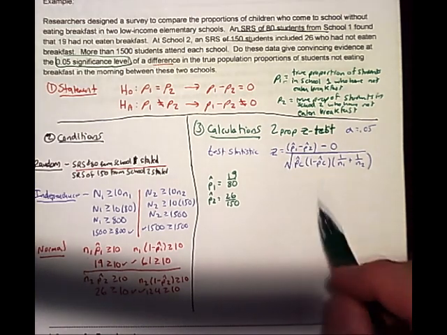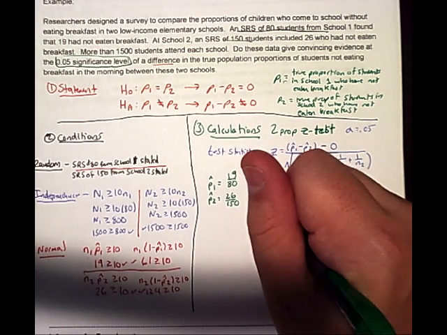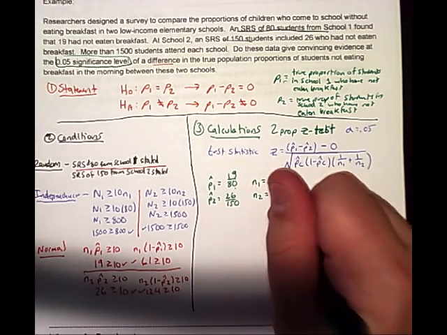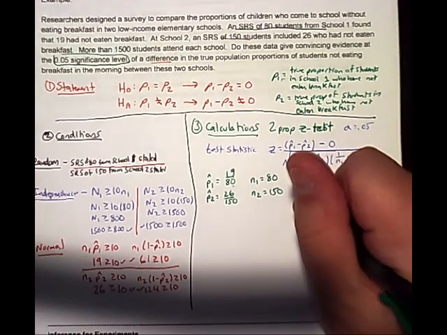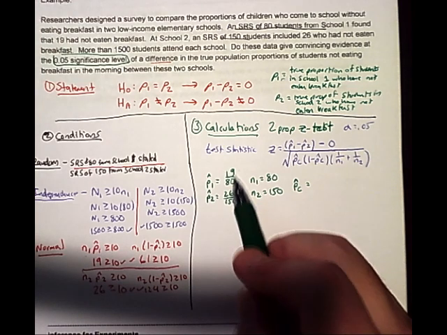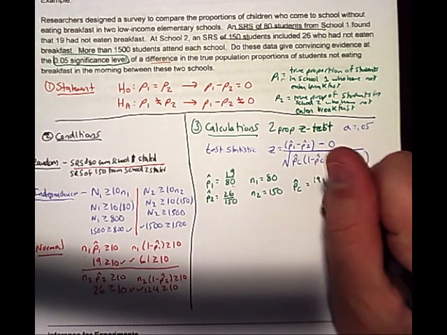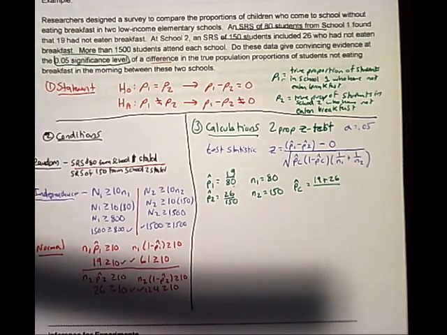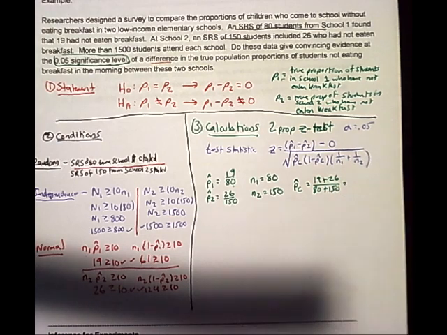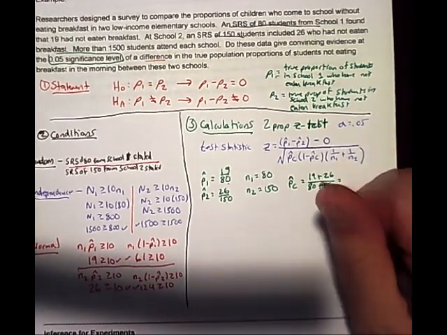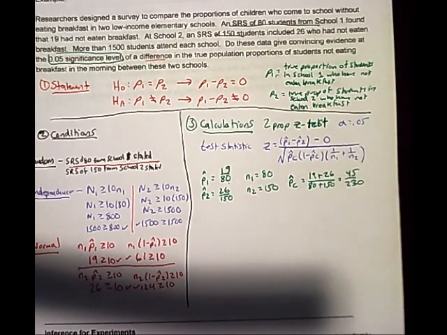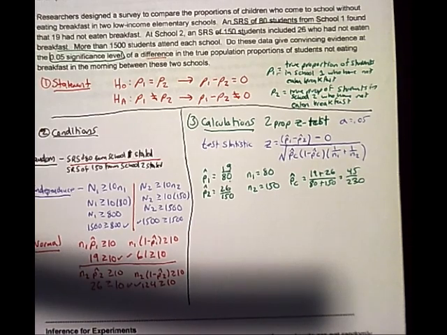We need n1 and n2, which are 80 and 150. We need p hat combined. So you take the combined number of successes, 19 plus 26, over the combined total, 80 plus 150. So 19 plus 26 would be 45 over 230. Then you can plug it in.